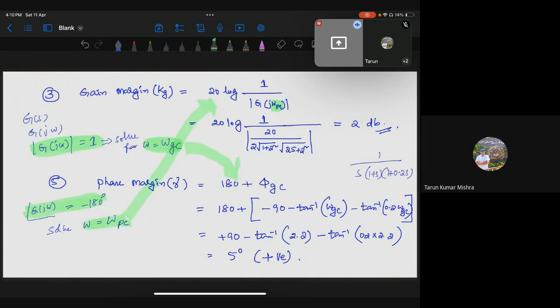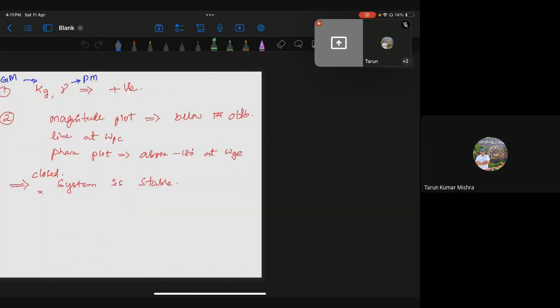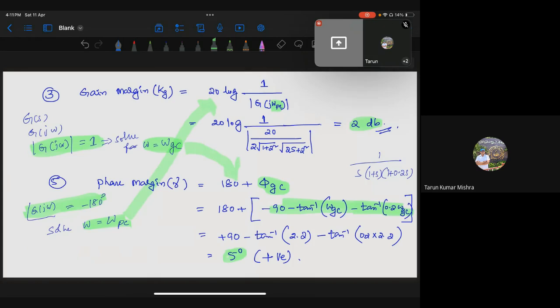That omega PC you substitute in the phase angle. This is your phase angle. Here you'll get 5 degrees, here you'll get 2 degrees. I think this is a direct theoretical example. I'll share this one right after this session. You better solve these two examples with respect to the Bode plot. You'll understand much better.